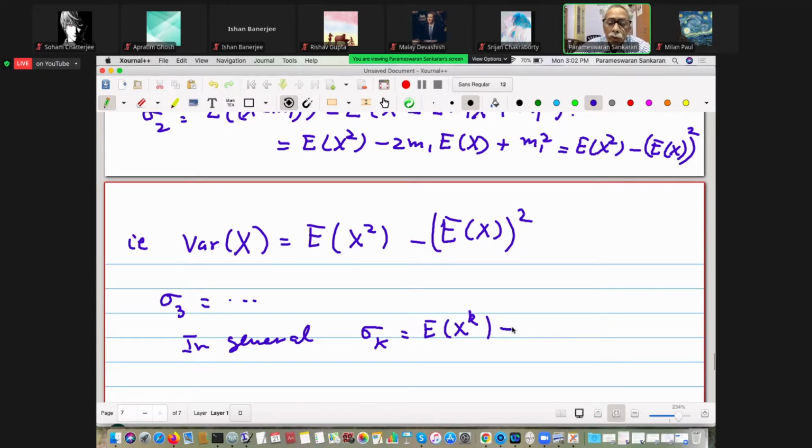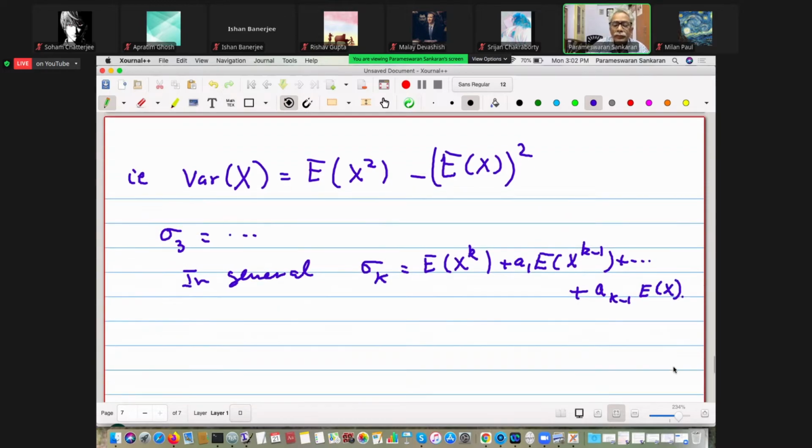So as a1 times expectation of x power k minus 1, and so on, and then some a(k minus 1) times expectation of x, for some constants. And these numbers can be explicitly worked out. Try this, it's an interesting problem.